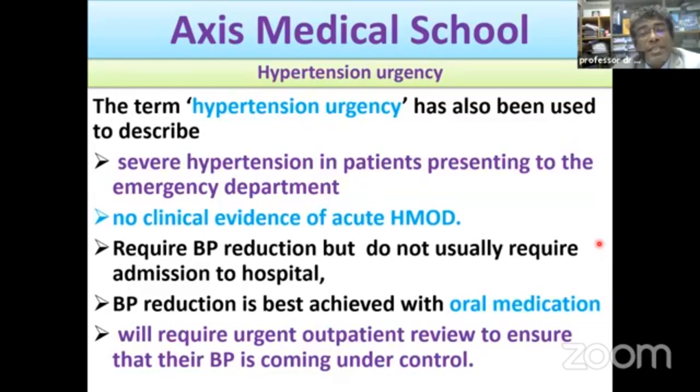He or she may be treated at home or as an outpatient, but in hypertensive emergency, the patient should be admitted to the hospital, especially the CCU or ICU setting. And regarding medications, in hypertensive urgency the patient may be treated with oral medications, but in hypertensive emergency the patient should be treated with intravenous medications to lower the blood pressure immediately, to prevent further target organ damage or damage to other organs.